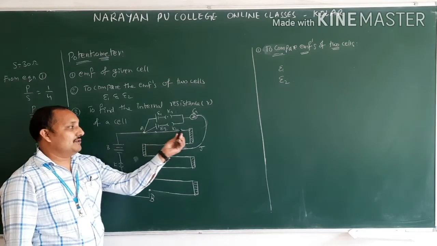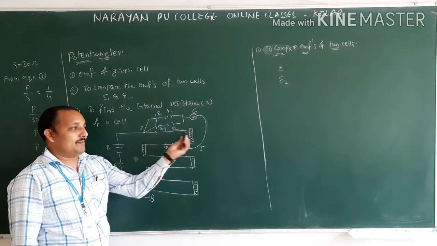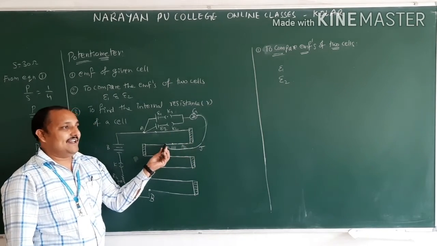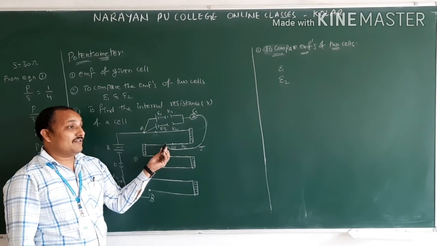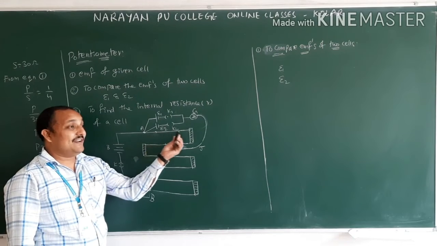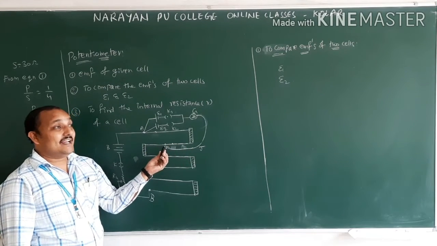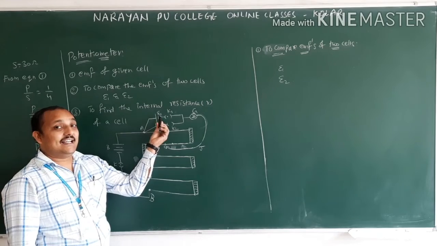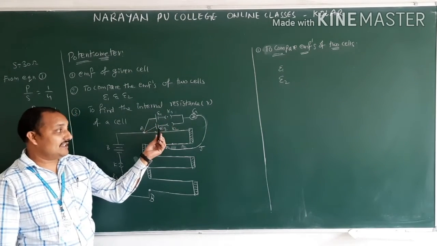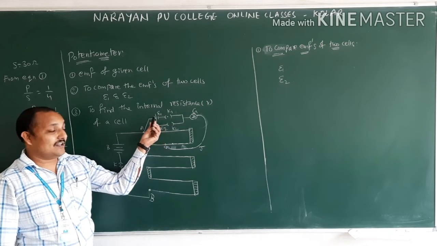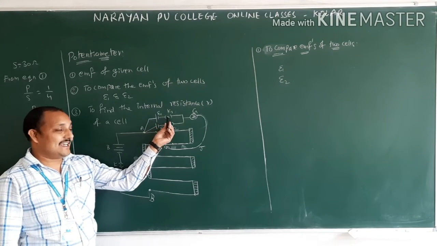Let us assume from A to this point is 1 meter, and from here to here 50 centimeters, so the total length is 150 centimeters. 150 centimeters is the balancing length when cell E1 is connected. Understood? Close key K1, then E2 is not working, only this cell is working.